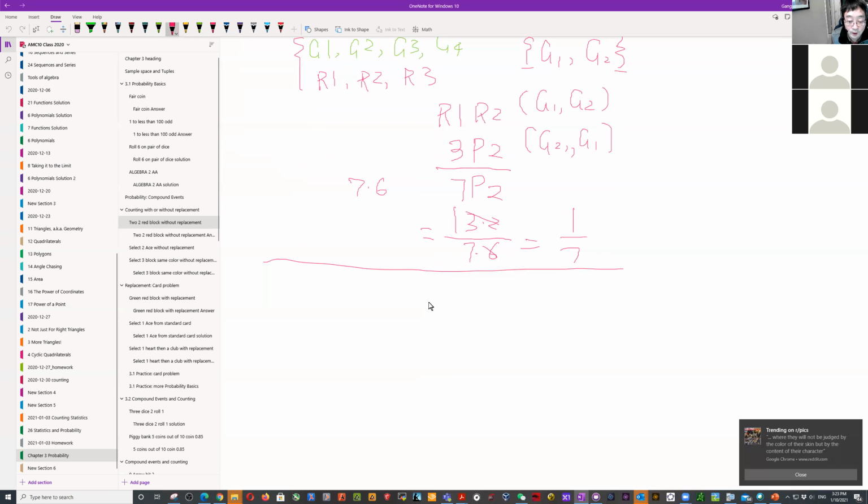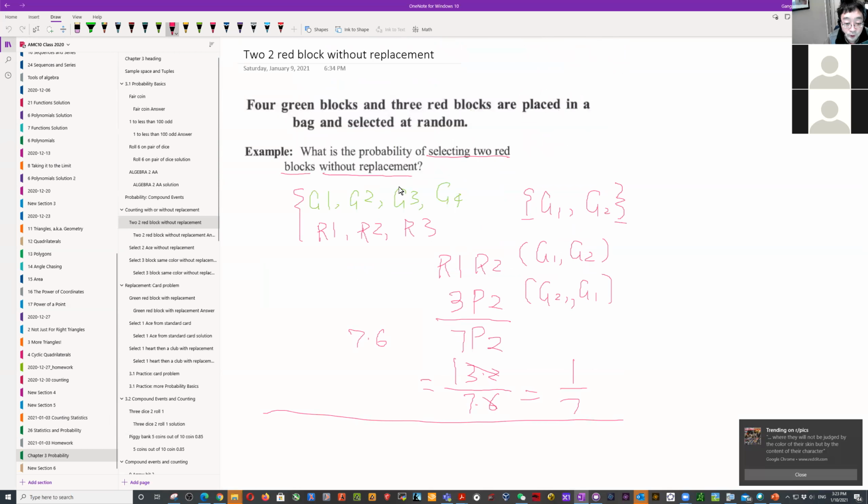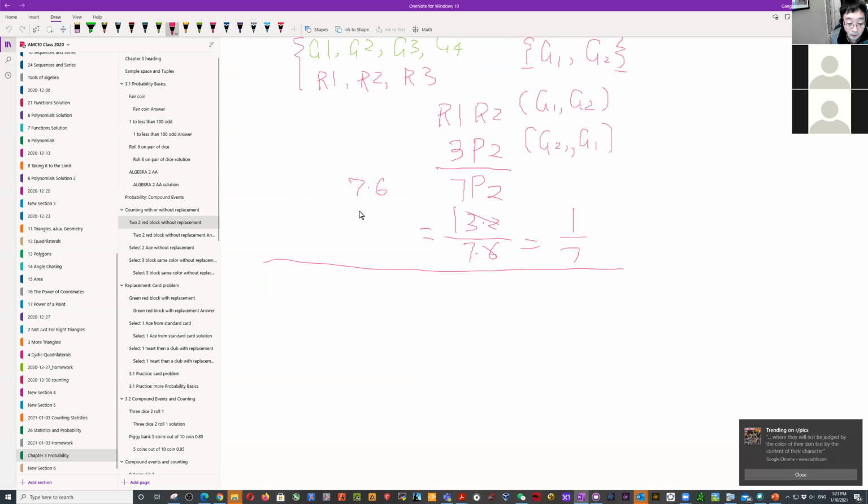So to choose the first block, looking at choosing the first block, you are viewing the sample space as a single. The single sample space is G1 all the way to R3. So that's 7. And the way to choose one of the red is those 3 singles, so that's 3.